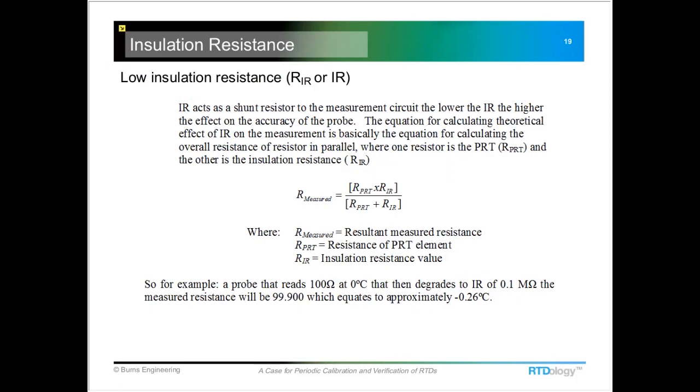We can look at a little example here of how this is calculated, and I'm not going to go through all the math, but at an insulation resistance of 0.1 megohm, we're going to have about a 0.26 degrees C lower reading than the actual temperature. So the actual error is not that large, but it's a repeatability issue, and you'll have some potentially erratic measurement readings.